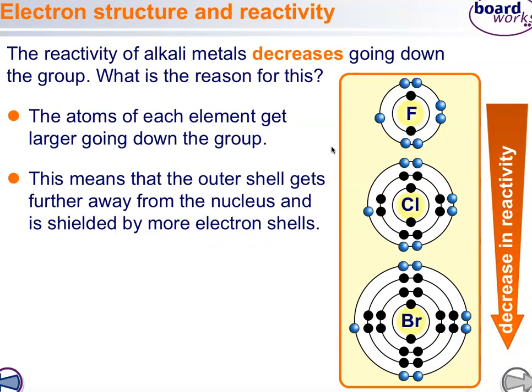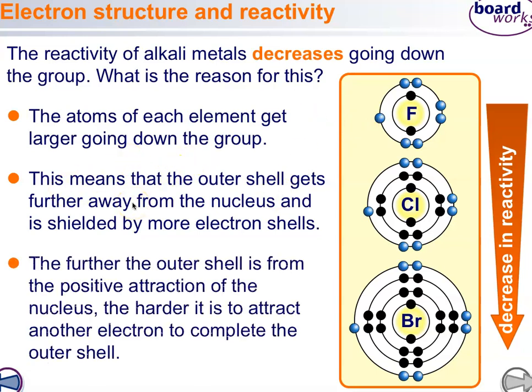This is because of the electronic structure. In terms of why the reactivity decreases going down the group, you have to explain it in line with the size of the atom getting bigger going down the group, similar to the alkali metals. The atom of each element gets larger going down the group.